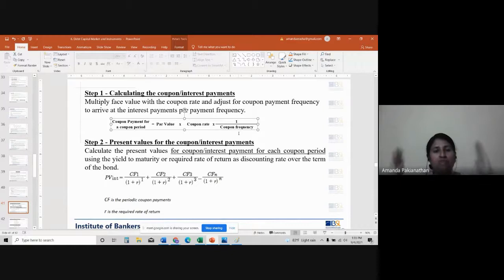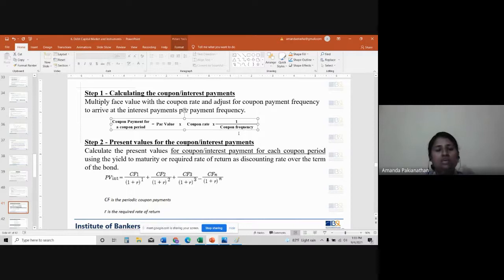So coupon for a year has to get divided by 12 for you to know coupon for a month. So the first step is for you to know the coupon payment for a coupon period. The key word here is you need to know the interest for one particular interest period. We move on to the second step.